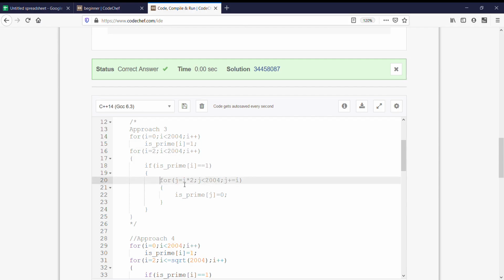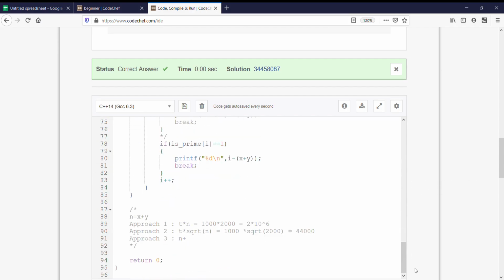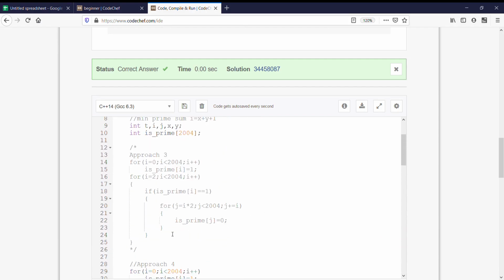So this loop would execute only about 300 times. It also jumps according to i. Suppose i is 1000, then within 2 executions this would get executed. We will not go into detail about the calculation of its complexity, but it is approximately n times that whole for i and for j loop executes.